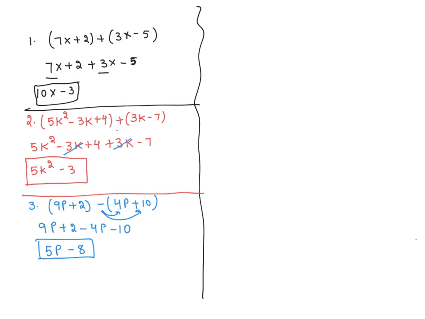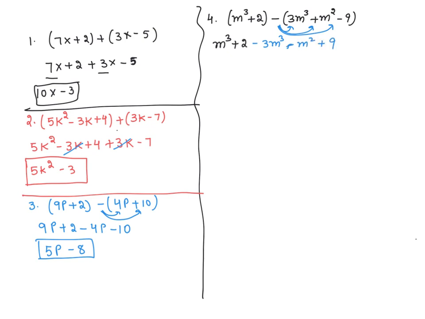My next problem is problem number 4, and that is m cubed plus 2, minus 3m cubed plus m squared minus 9. In this case, I'm going to distribute the negative inside. So that's going to be negative 3m cubed minus m squared plus 9. And now I'm going to combine the like terms.